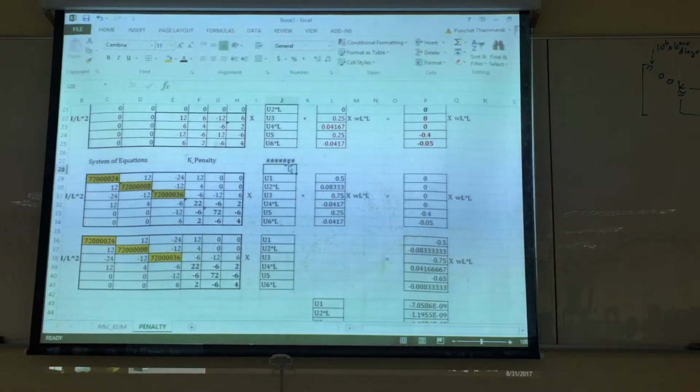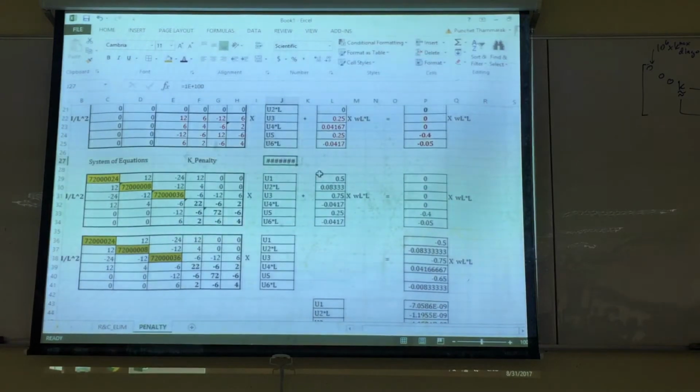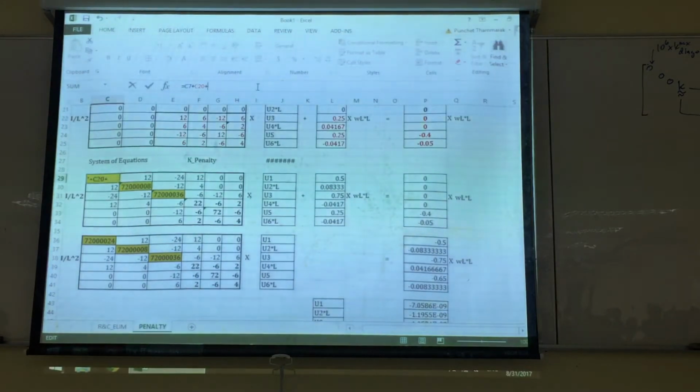Okay, so that's the best that the program can do. 10 to the 100. So you have 100 zeros in there. Okay, instead of this value, I just make it this one.